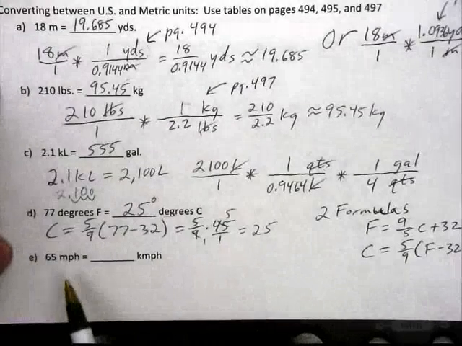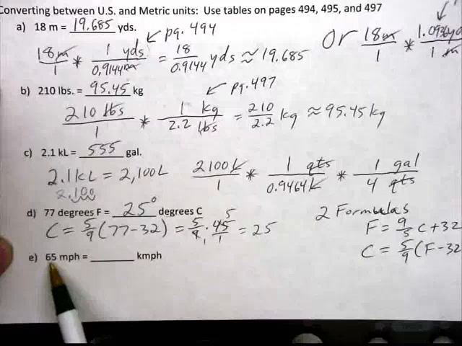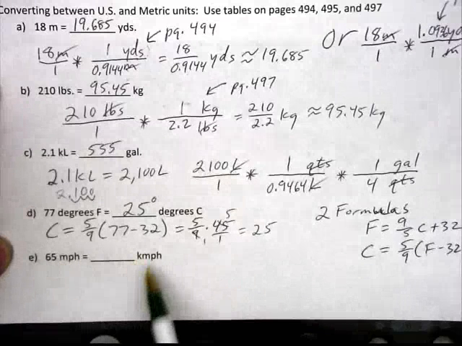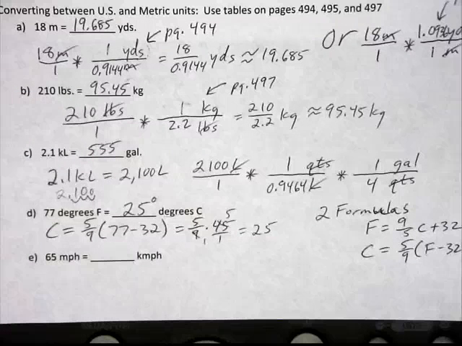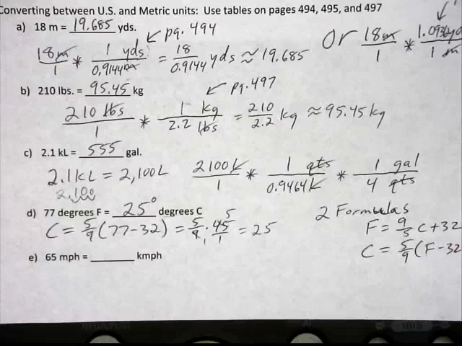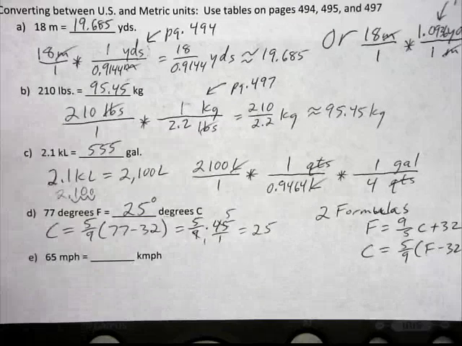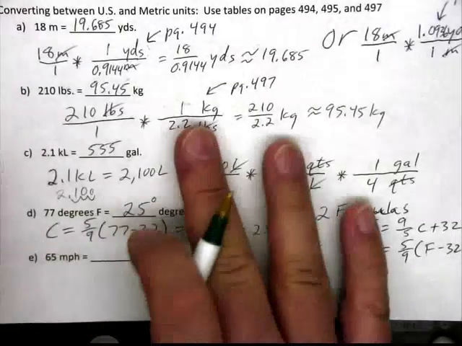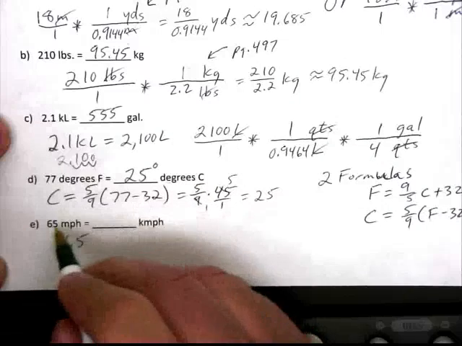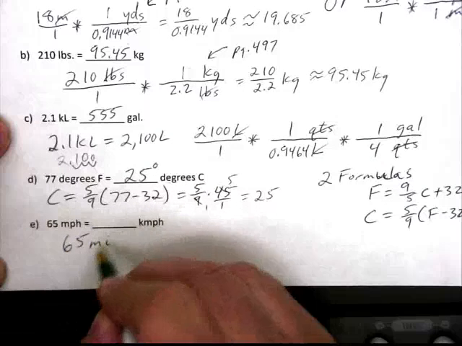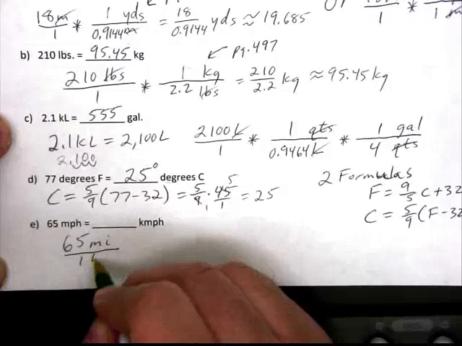Now the last one I want to look at is, what if we want to have miles per hour, and we want to convert that into kilometers per hour? Let's say we're traveling to Canada or down to Mexico, where the road signs for speed limit are listed in kilometers per hour instead of miles per hour. Well, if we think about miles per hour, 65 miles per hour means that you can go 65 miles in 1 hour.